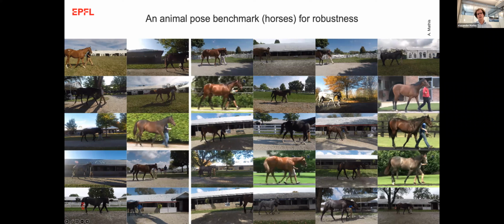And when you think back to the architecture of DeepLabCut, it's really just this ResNet backbone and then a deconvolutional layer. And I was saying that we use transfer learning in the sense that this backbone is actually pre-trained on a large-scale object recognition task.